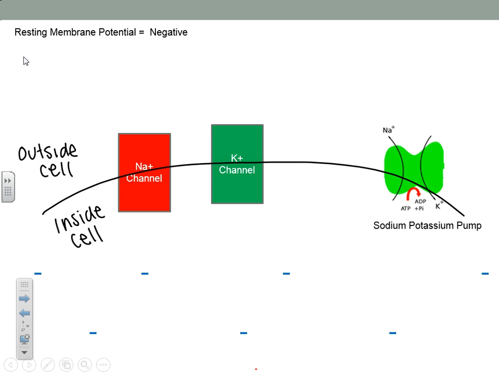And typically inside the cell, we would have more potassium ions. Now I'm going to keep this super simple and only draw a few of each ion. By the way, it's considered an ion because it has a positive or negative charge. So this would be a cation that's positive. And then we'll have sodium ions on the outside.